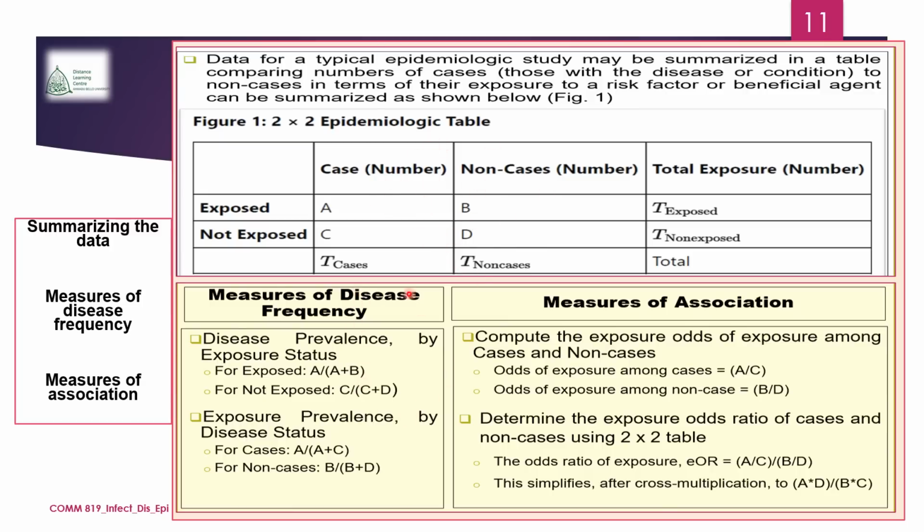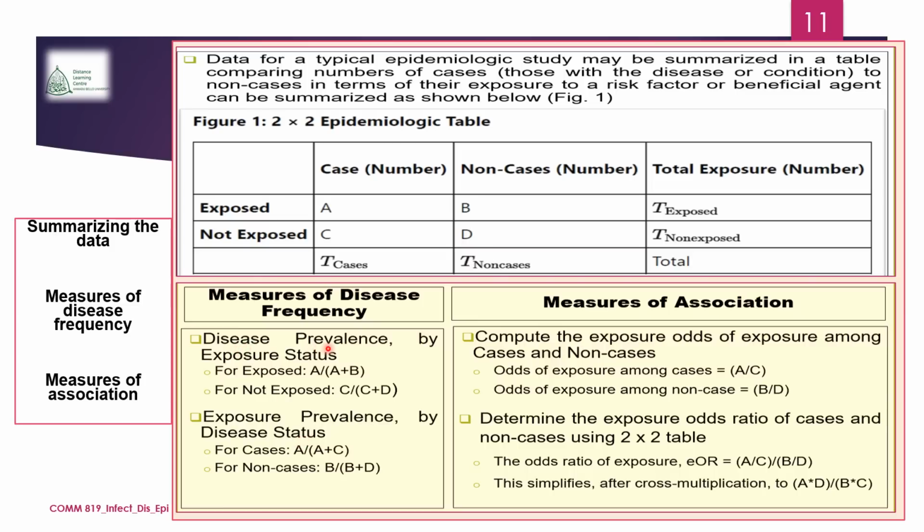One of the things that can be deciphered from this particular table is measure of disease frequency. So we have disease prevalence by exposure status, and we have exposure prevalence by disease status. They are two different things. Take note.